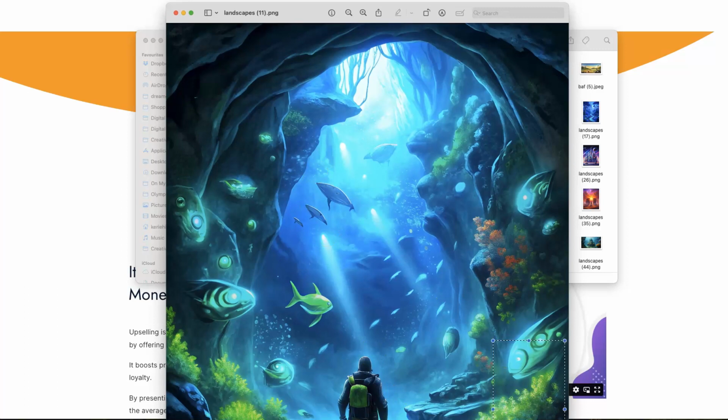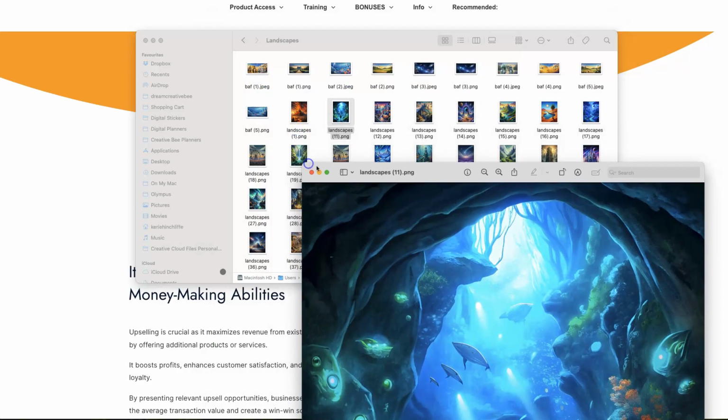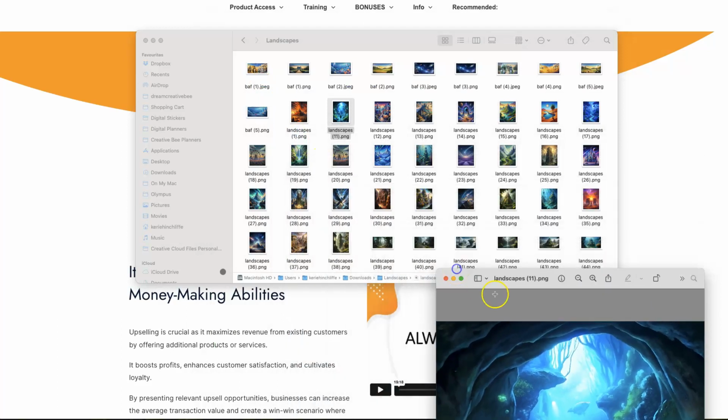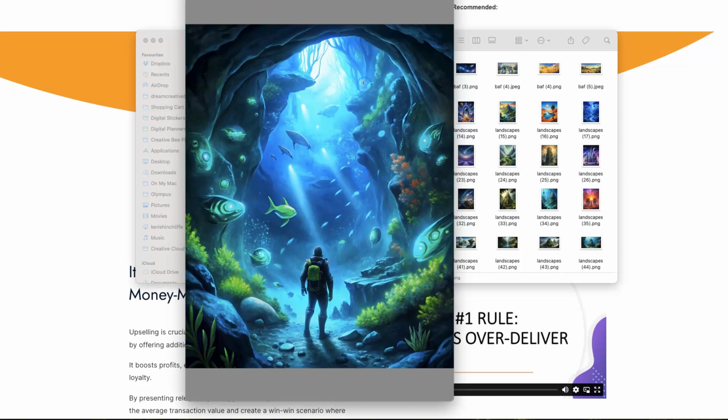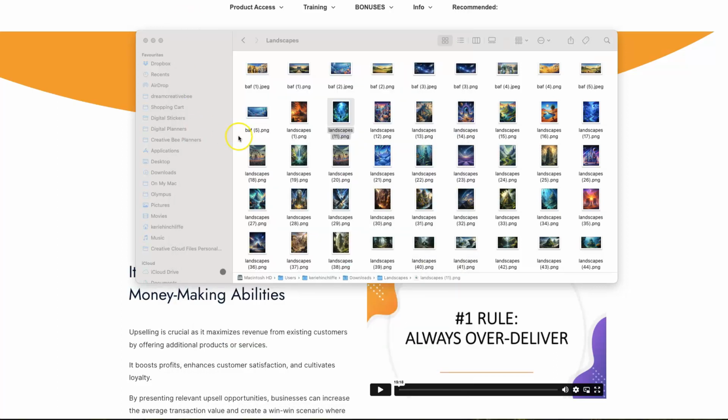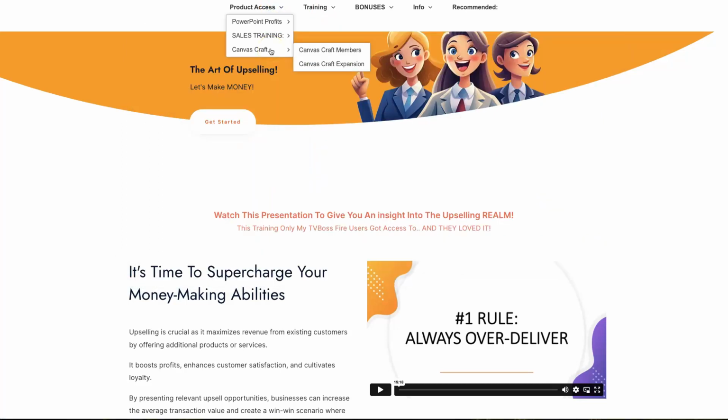So I was quite impressed, because I find a lot of people use AI but they don't tidy it up. They have odd things, but I can't see anything that's odd with that. So I was quite impressed. It's a quick upsell of $19 to have the double up, to have more of those Canvas Craft.